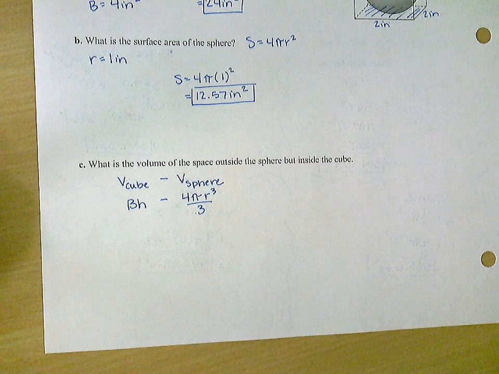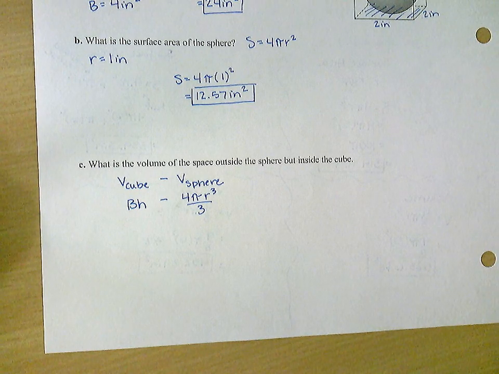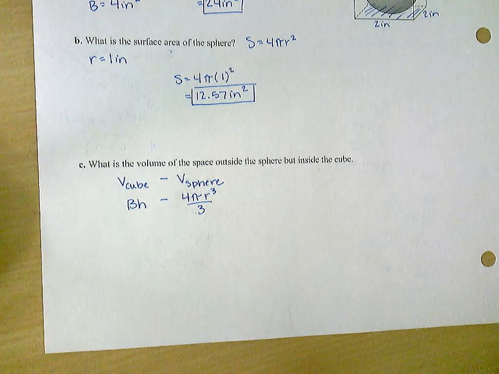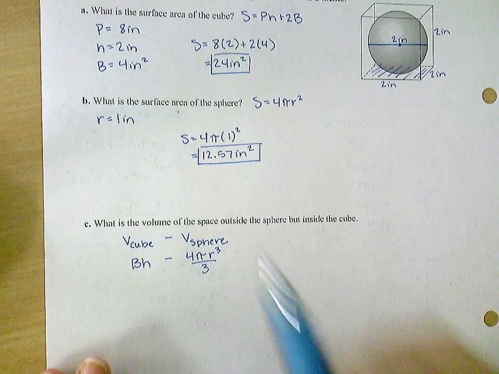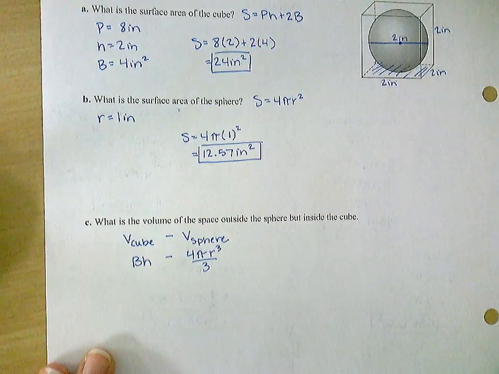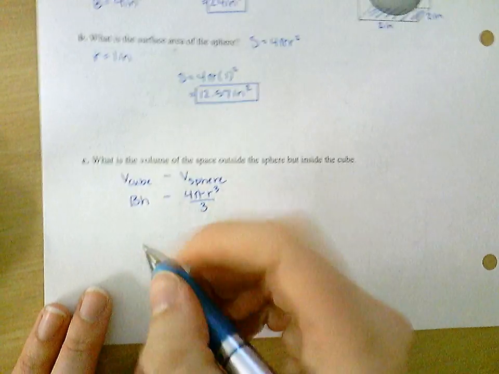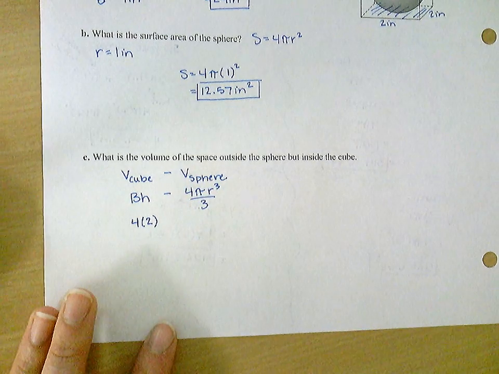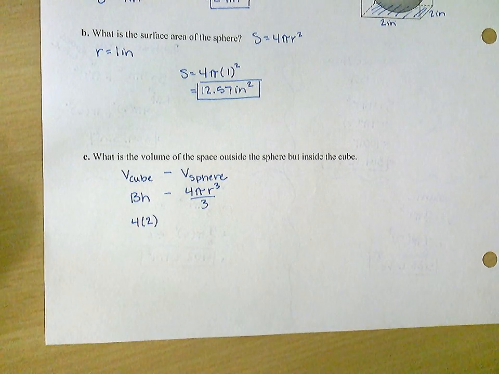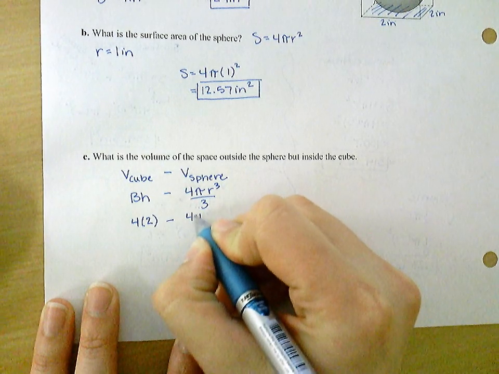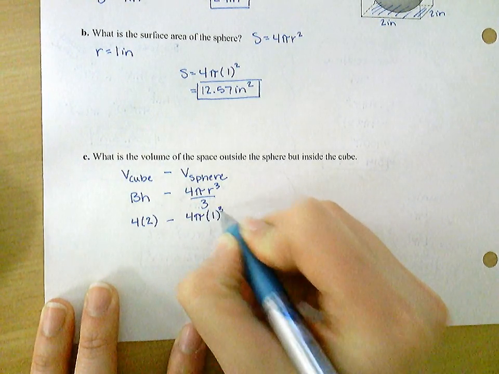When we did letter A, we found B and H for the cube already. So B is 4, H is 2. In letter B, we found the radius of the sphere. So we have 4 pi times 1 cubed.